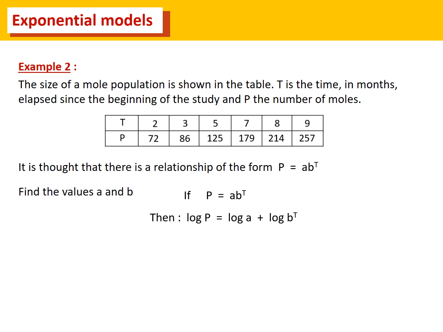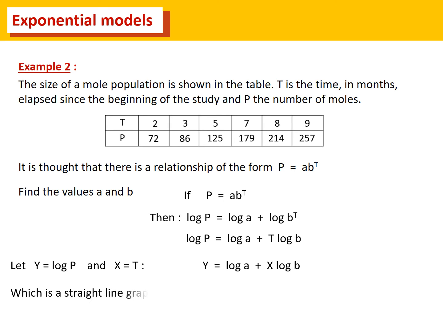Let's take logs of both sides and then bring the power down, and therefore we have a relationship between y and x of the form y equals log a plus x log b. And that's a straight line graph.